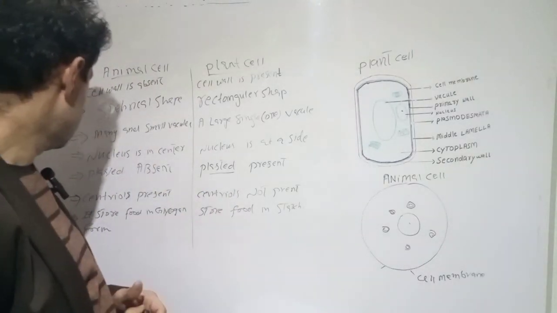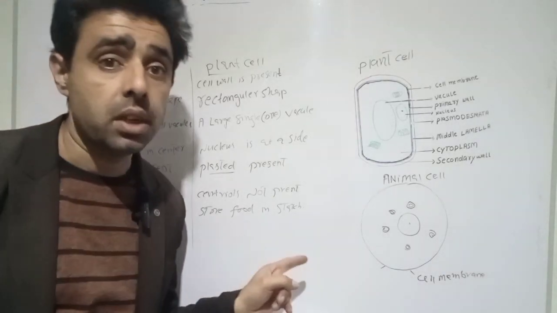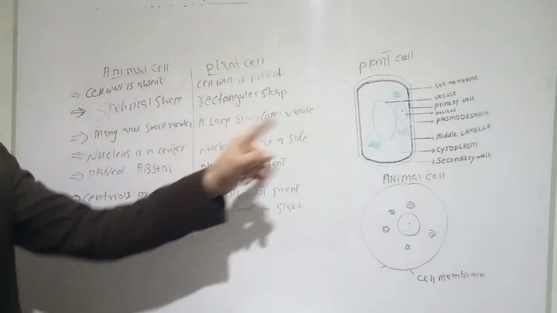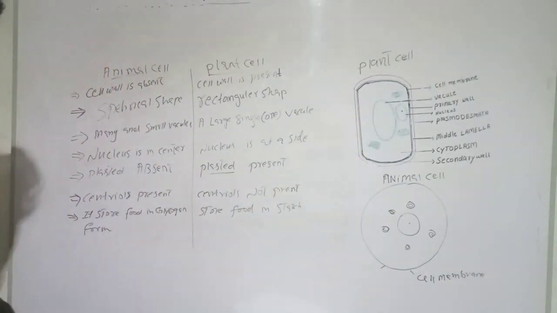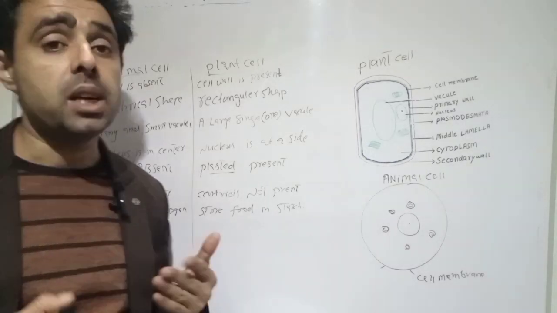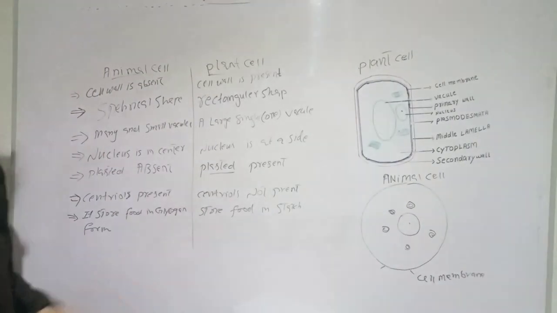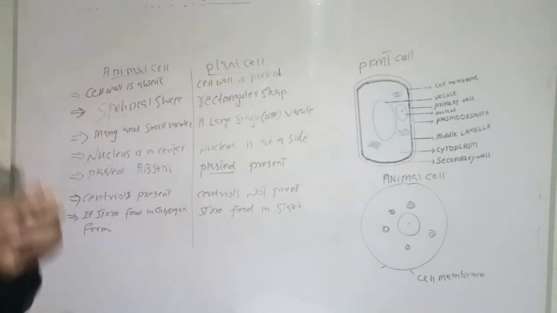Now, the next one is the nucleus. The nucleus is in the center in the animal cell, and in the plant cell it is on a side due to the large vacuole. Now, how is food stored? The plant cell stores food in the form of starch, while the animal cell stores food in the form of glycogen.